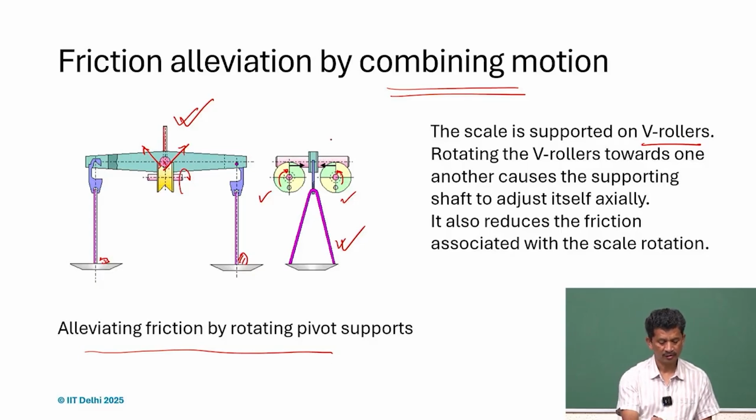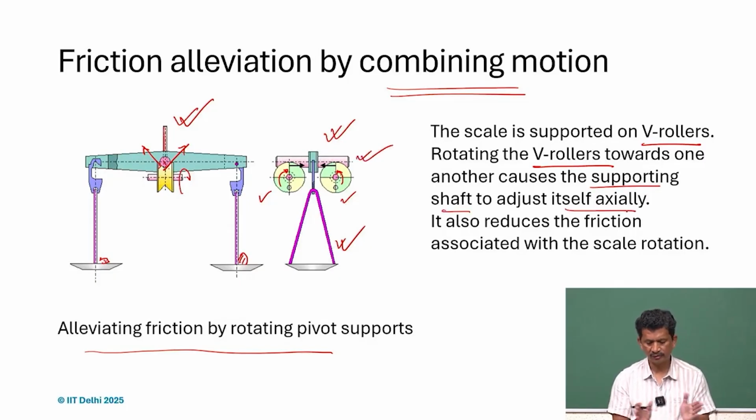And if we check this figure, what we realize is that because of this rotation, these rotating V rollers support the shaft, and the edges actually, because if it tries to move towards one side, the equivalent weight on that side will increase, so the effective friction will also increase, so it will try to push it back. Similarly, if it moves towards this side, the weight on this side will increase, and so it will bring it to equilibrium on its own.